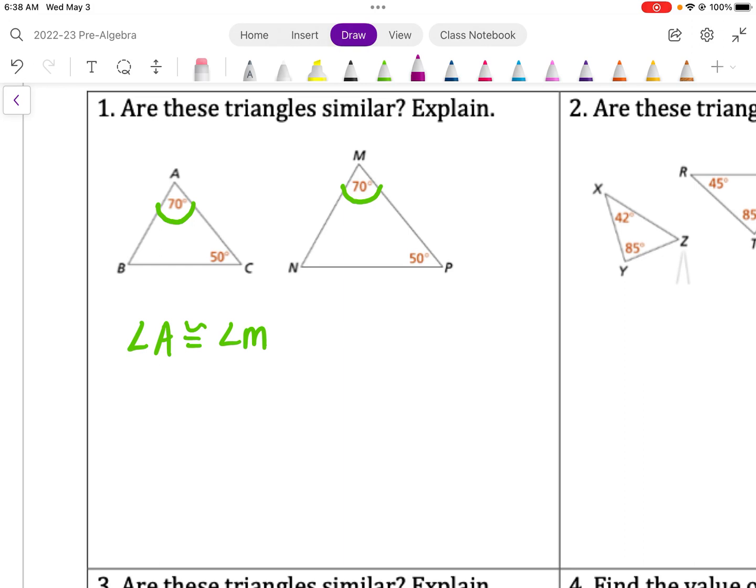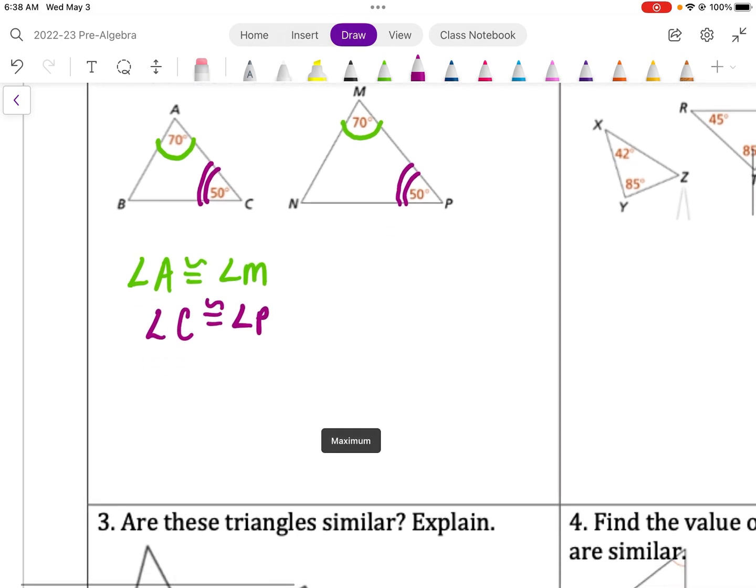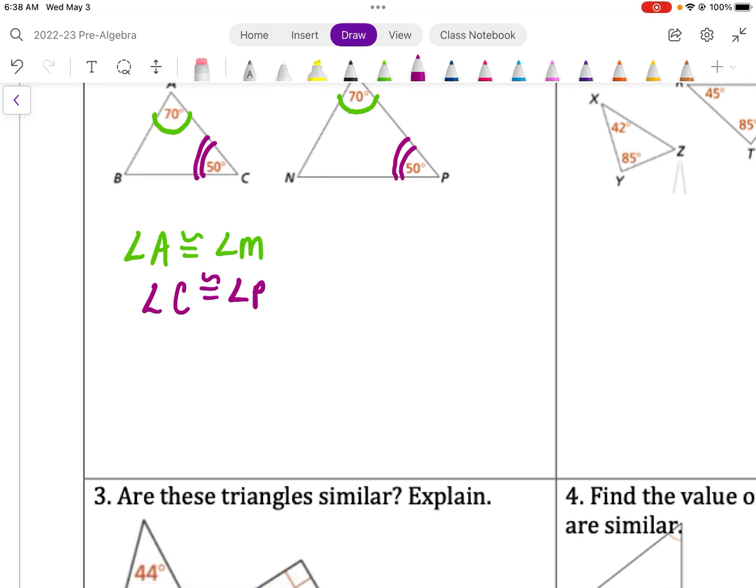When I look in the lower right-hand corner, I can see that angle C corresponds to angle P. So I would say angle C is congruent to angle P because those two angles both measure 50 degrees, okay? So we basically were looking for those two congruent angles.